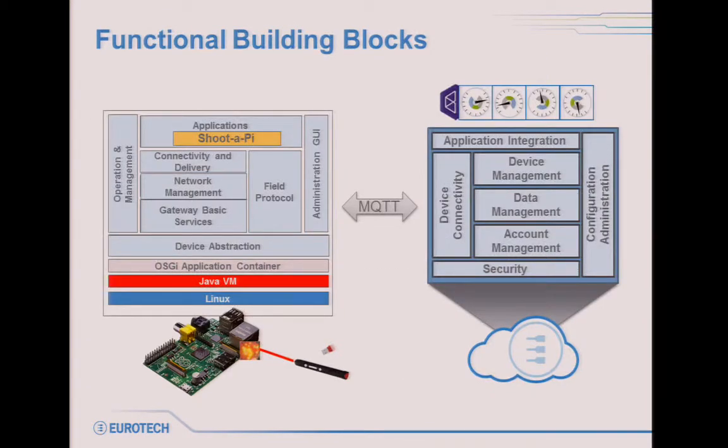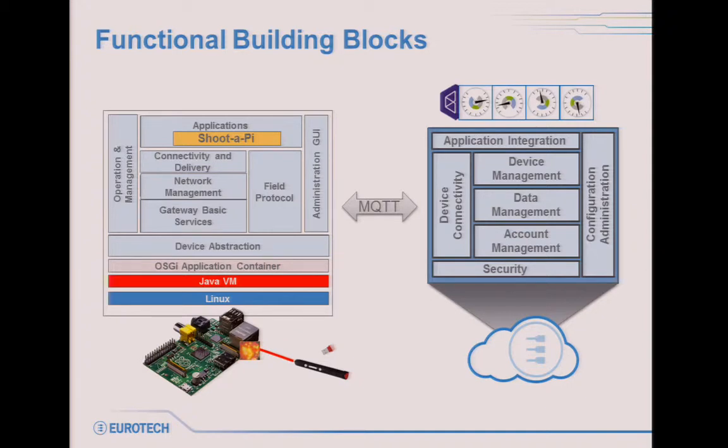Behind this architecture, there are functional building blocks, either on one side of the story, on the edge node, and on the platform, on cloud. So starting from the cloud, you see that the building blocks are not monolithic. They are, let's say, modular. You have the connection management, so the MQTT broker.